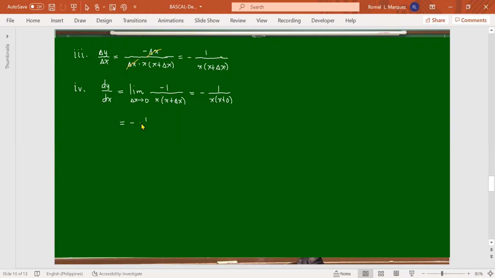Negative 1 over x squared. Okay, guys? So that's the derivative of y with respect to x using the increment method, applying the four-step rule.